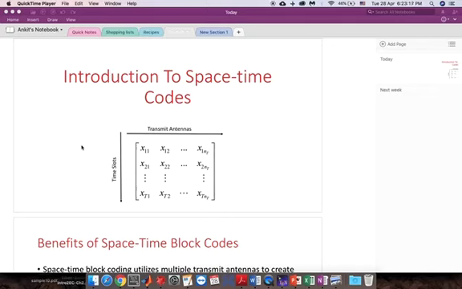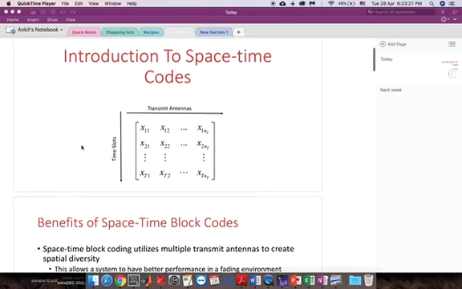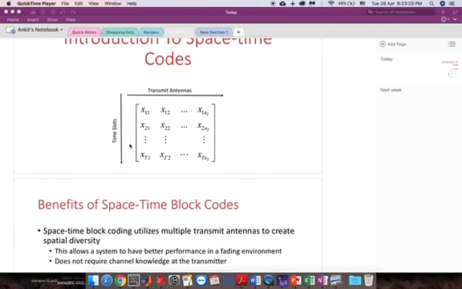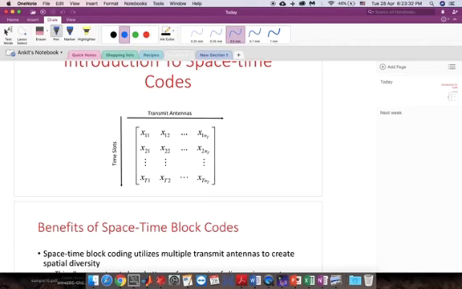Hello all. This lecture includes the summary of space-time block codes. The basic structure of this space-time code is illustrated in this matrix, where capital T is equivalent to n, the number of time intervals.